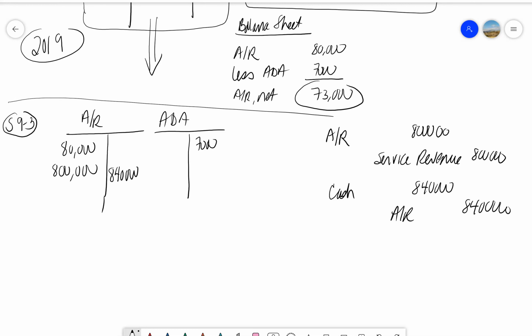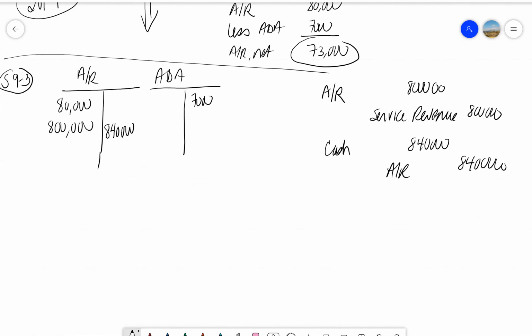Now the next one is write-offs of uncollectibles. Now this is going to be a new journal entry. We want to write off a specific accounts receivable. Now, remember this 7,000 that we set up at the end of last year? This was at December 31st, 2019.